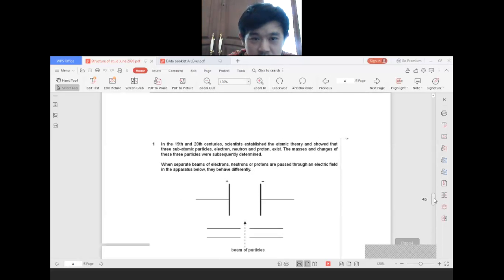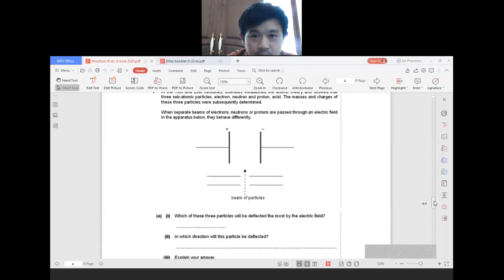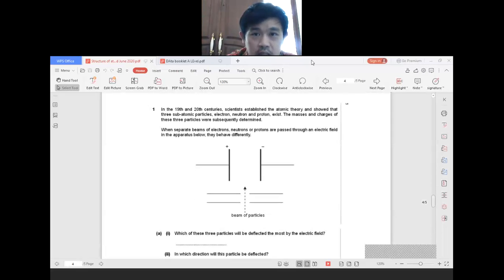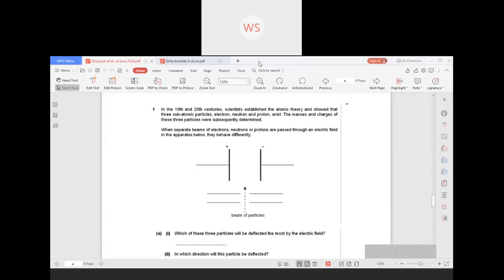Okay, next, this one. In the 19th and 20th centuries, scientists established the atomic theory and showed that the three subatomic particles, electron, neutron, and proton, exist. The masses and charges of these three particles were subsequently determined.